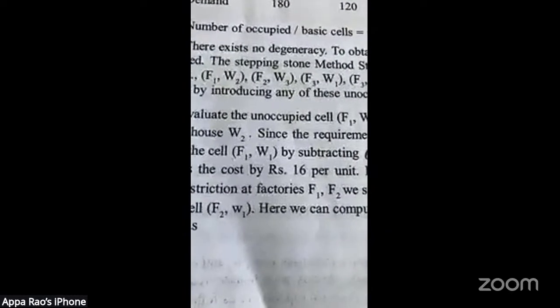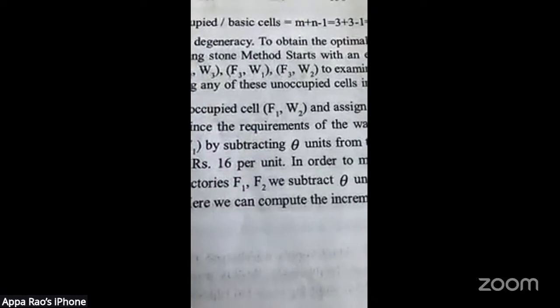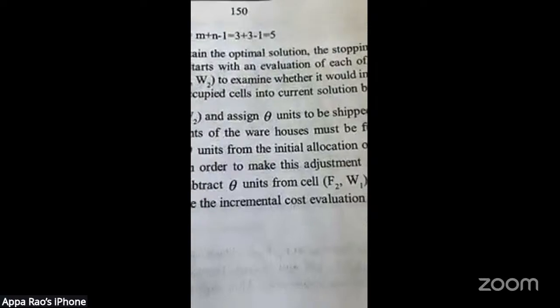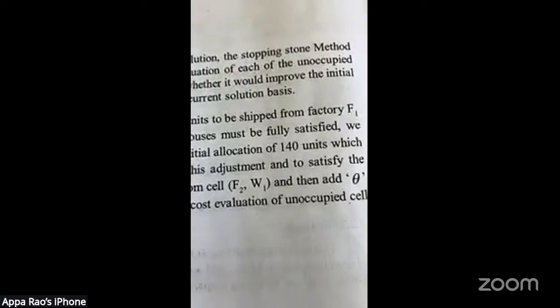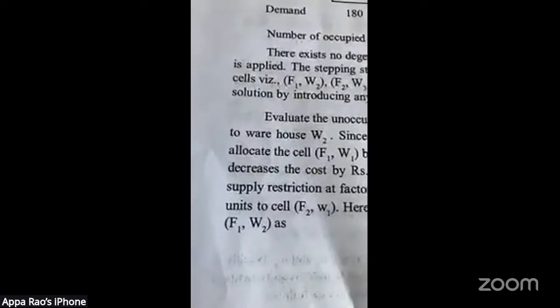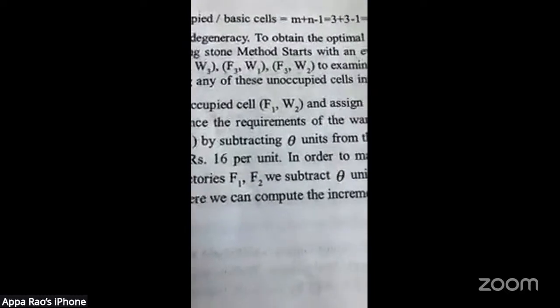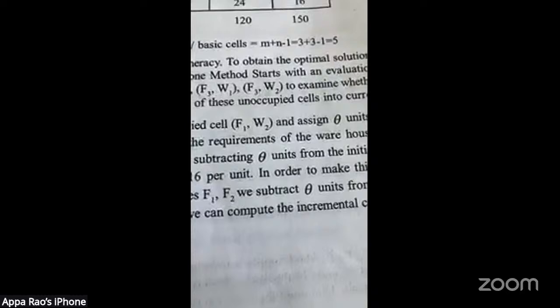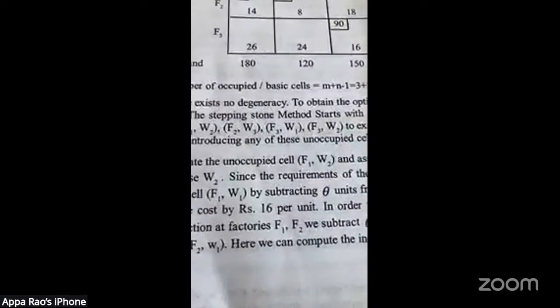Now, we allocate the cell F1, W1 by subtracting theta units from the initial allocation of 140 units, which decreases the cost by rupees 16 per unit.